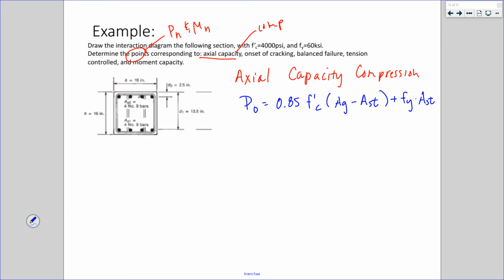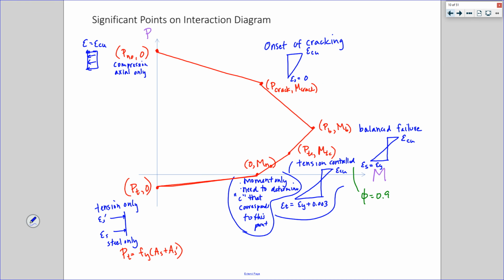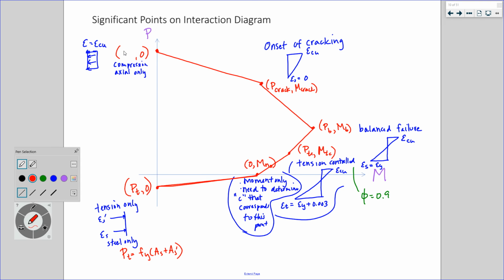That's your axial capacity. This needs to change. If you go back, this needs to change to PO. We'll talk about why later.